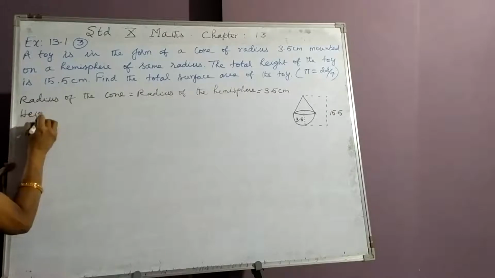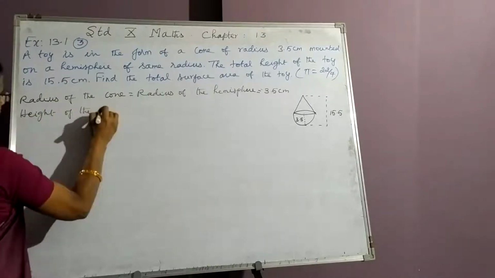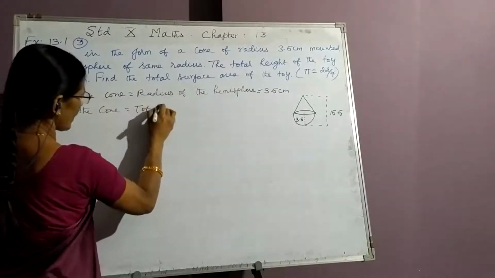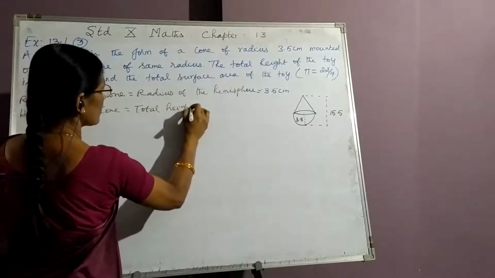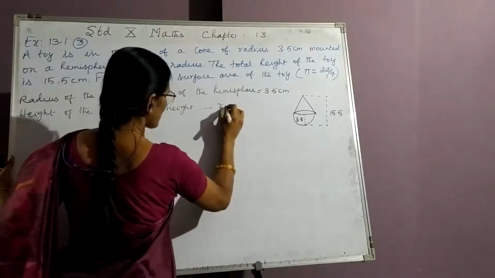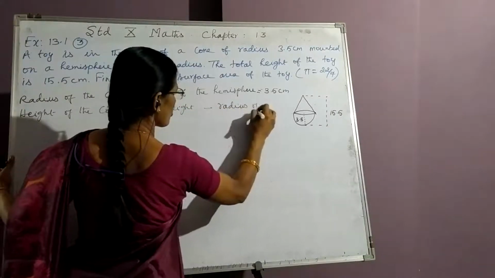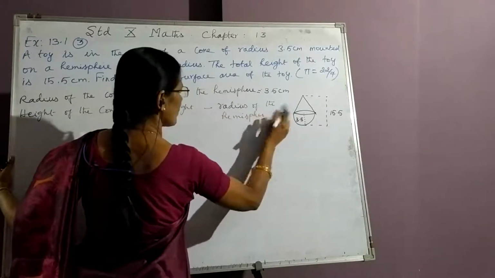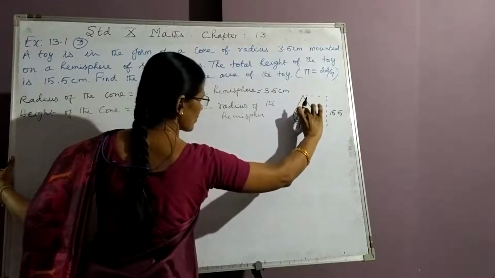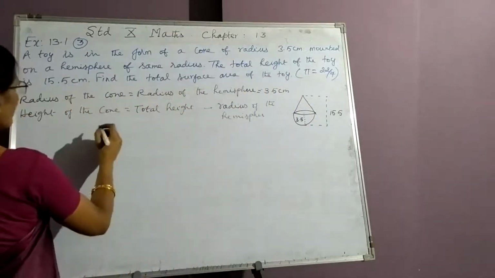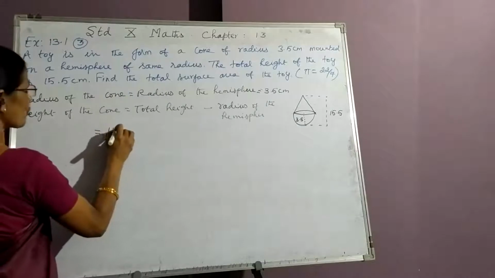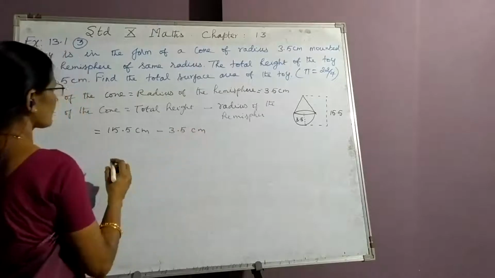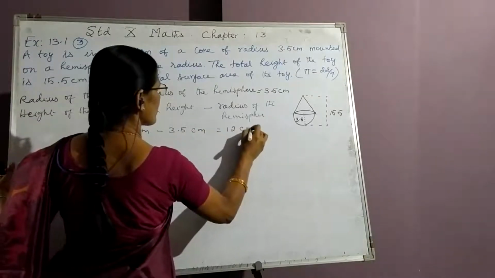Height of the cone is not given, we have to calculate. Height of the cone is total height minus radius of the hemisphere. It is shown in the drawing very clearly. Total height minus radius of the hemisphere gives height of the cone. What is the total height given? 15.5 centimeter minus 3.5 centimeter, which is equal to 12 centimeter.